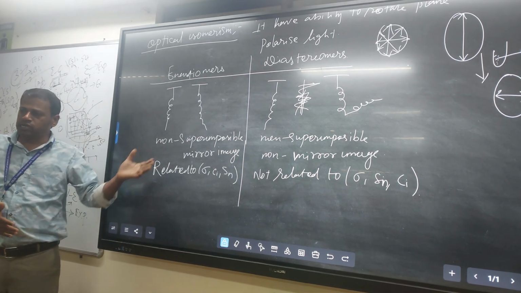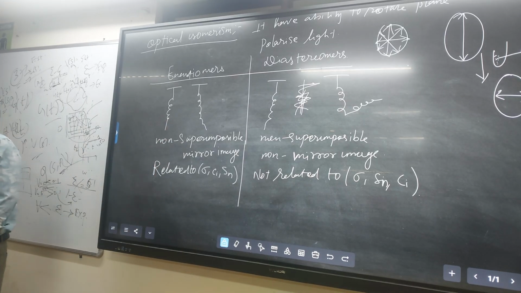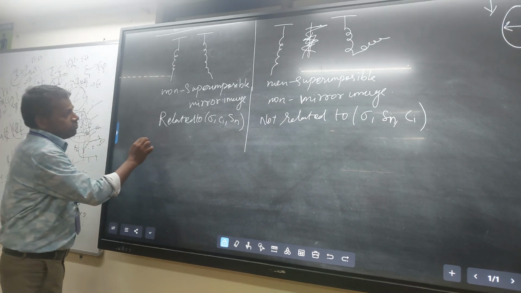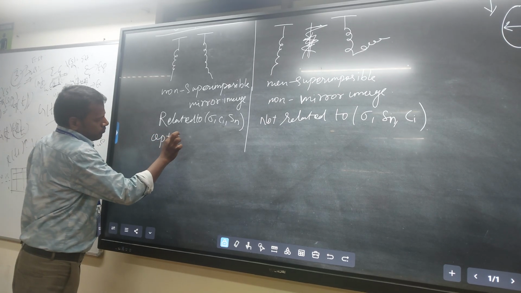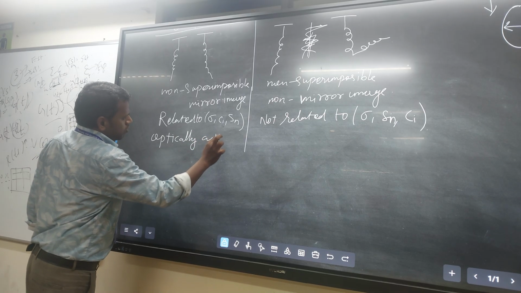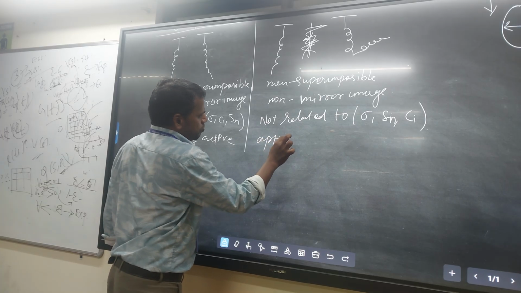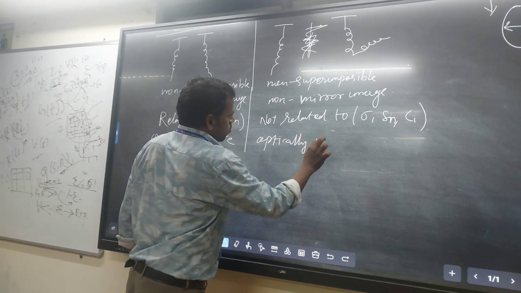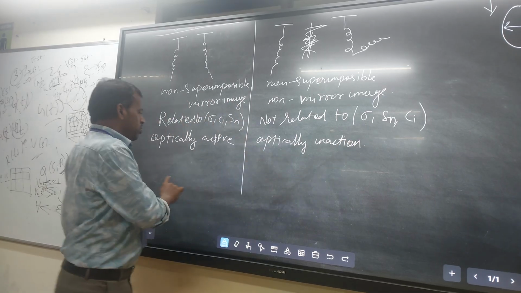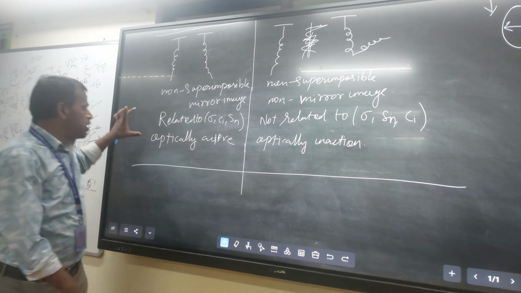I will explain what a plane, axis, and alternating axis of symmetry are. This one is optically active, and this one is optically inactive. So there is a difference between enantiomer and diastereomer.